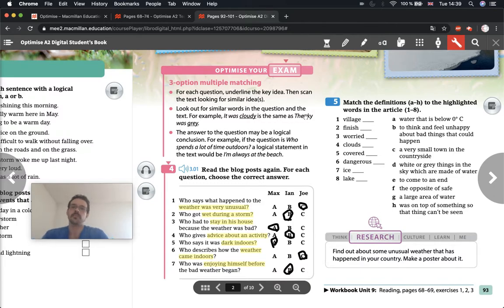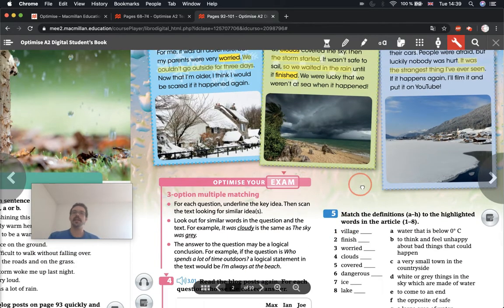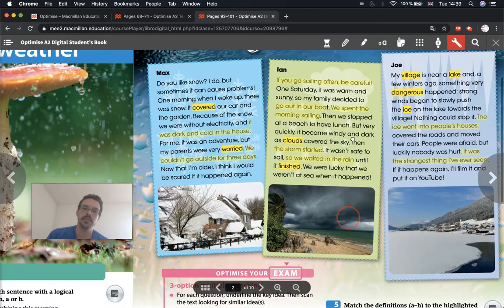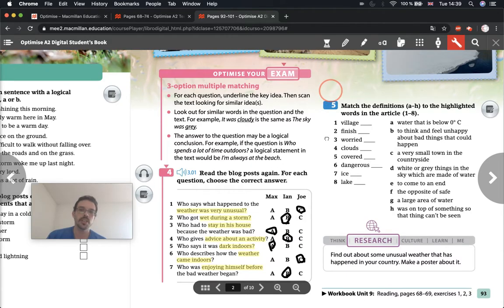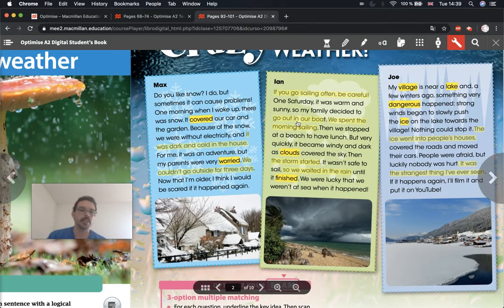Okay, so this is the idea of how we do this exercise. You highlight the main idea in the question, and then you find a similar idea in the text. Maybe they say almost the same thing. Maybe they say the same thing in a different way. Maybe they say something else that relates logically.